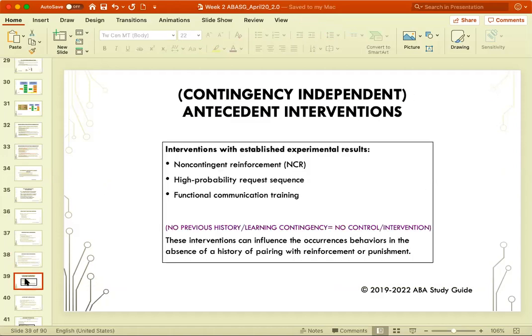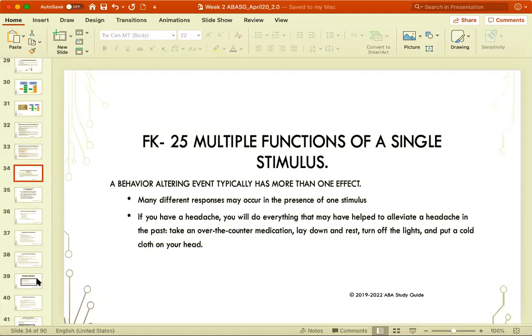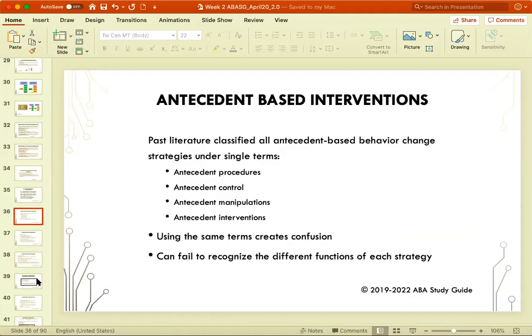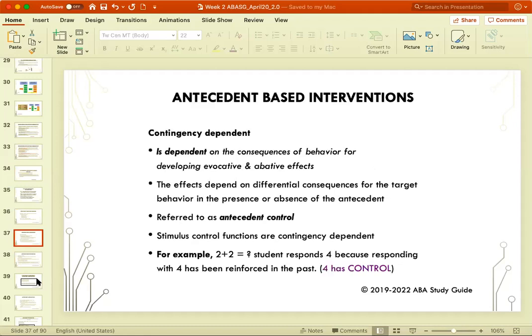So these are our contingency independent antecedent interventions. These interventions do not require previous history. They do not require a learning contingency, and therefore these are considered antecedent interventions. Yes, so we typically classify them all as antecedent interventions.